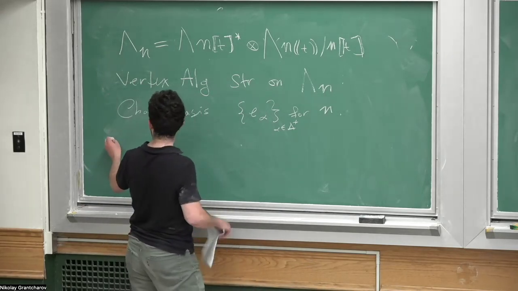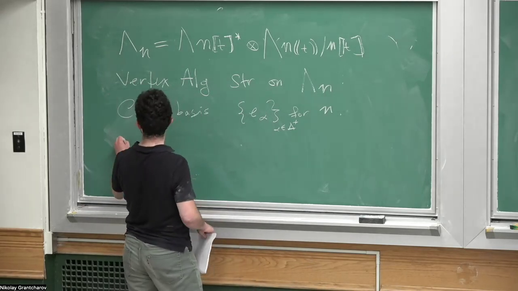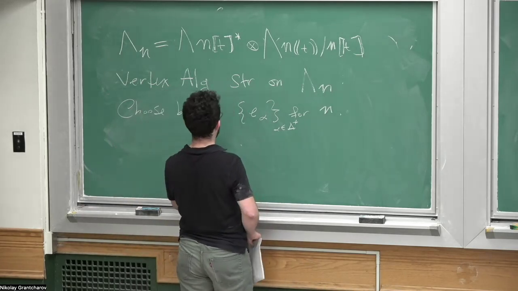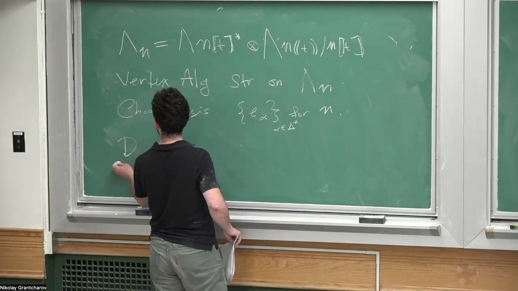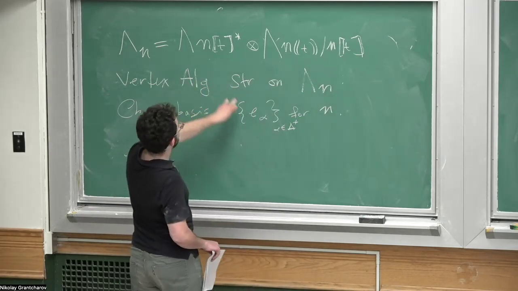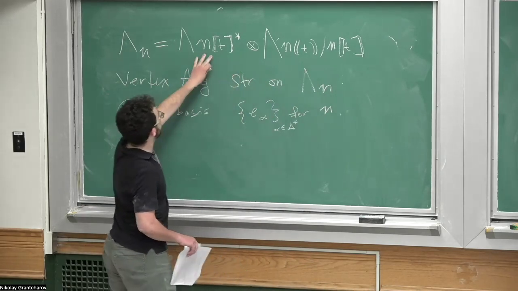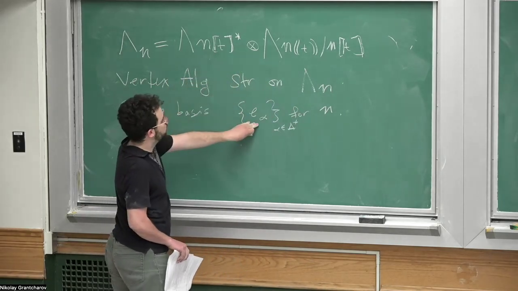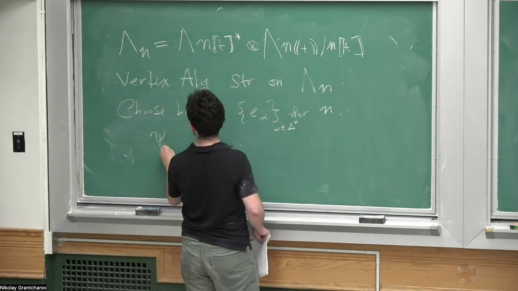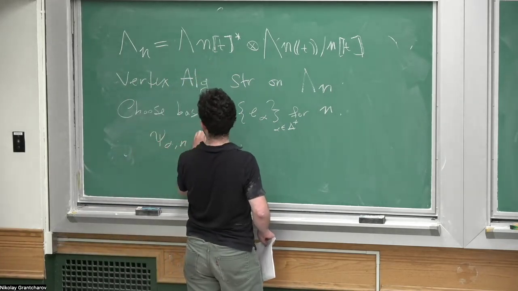So I will start by defining the fields. Why define the field? If this is a basis for that, then a basis for that will be the dual of elements here, tensor T to the n, psi alpha n.